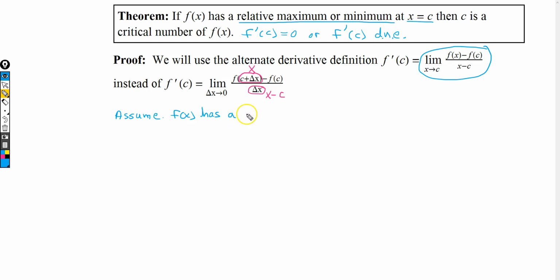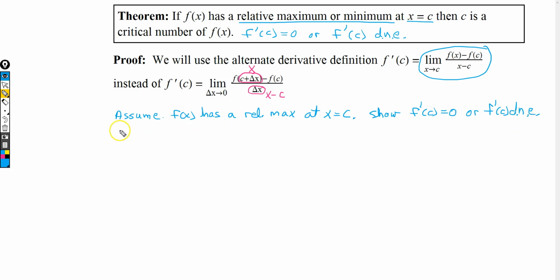So we're going to assume f of x has a relative maximum at x equaling c, and we want to show either f prime of c is equal to 0 or it does not exist.